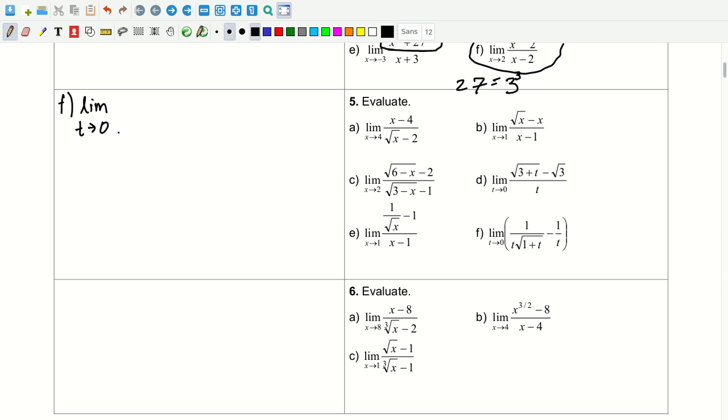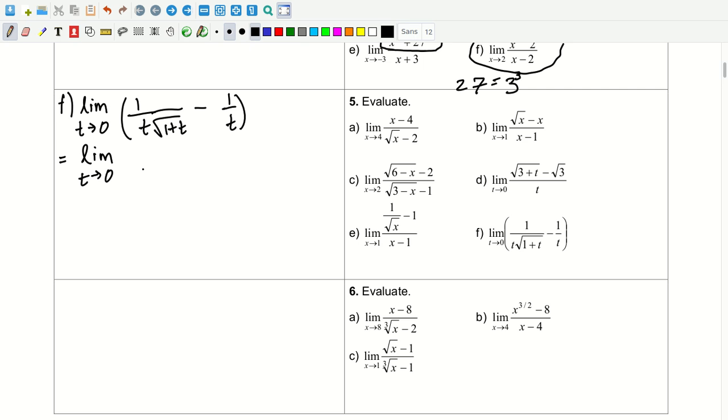So this is basically evaluating limits by conjugation and factoring. So let's see, limit as t approaches 0 of 1 over t, root of 1 plus t, minus 1 over t. Now here's the thing, that t in the bottom is what's giving us a headache, right?